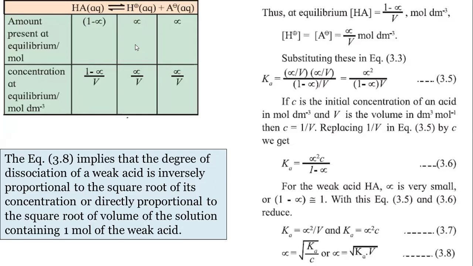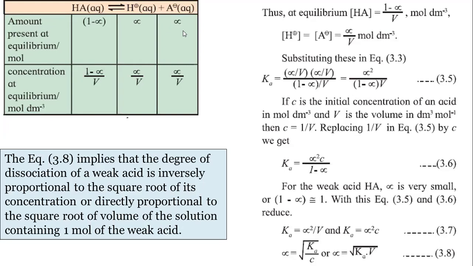A fraction alpha of H plus and A minus will be formed. So the undissociated amount will be 1 minus alpha, because initially 1 mole of acid is present, and at equilibrium alpha has dissociated.